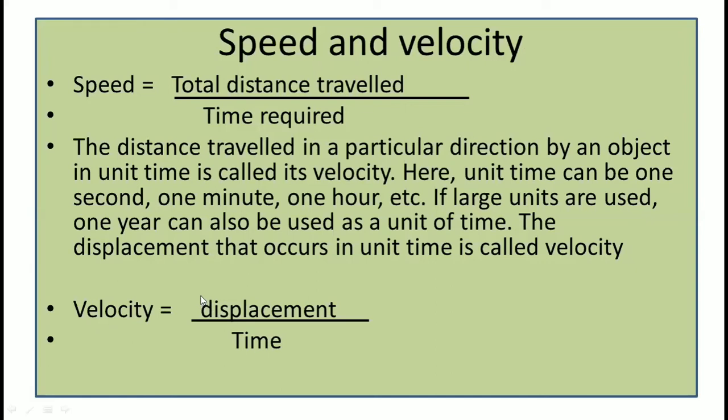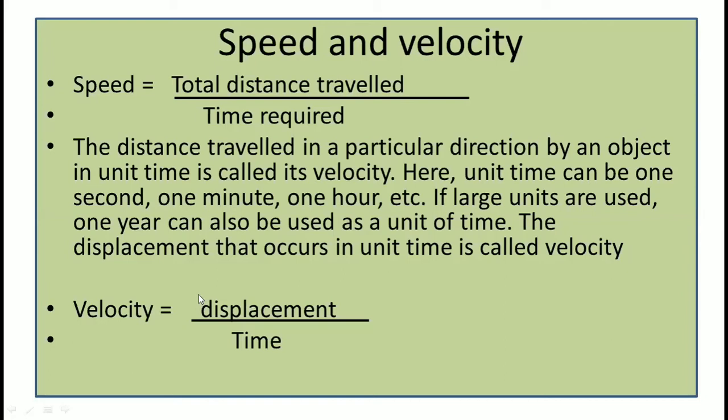The units of speed and velocity are the same. In the SI system, the unit is meter per second, while in the CGS system it is centimeter per second.